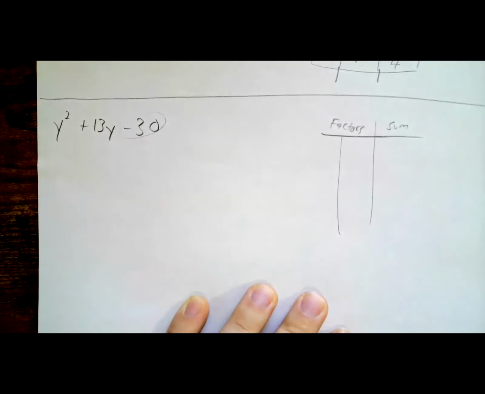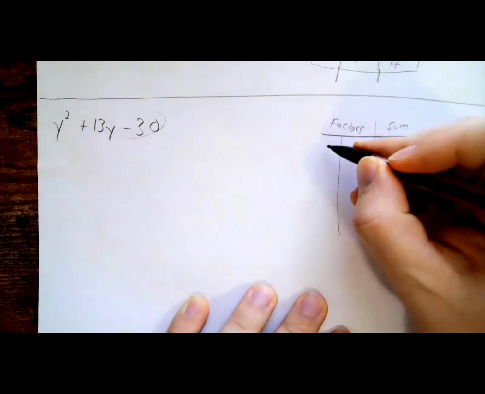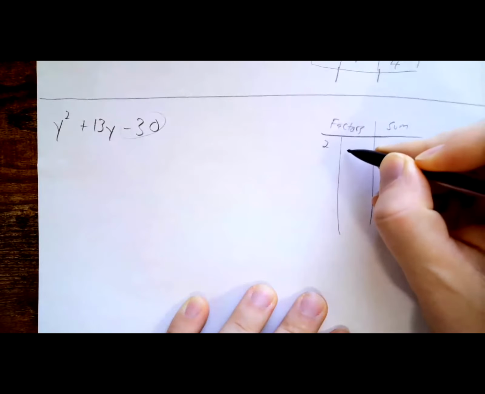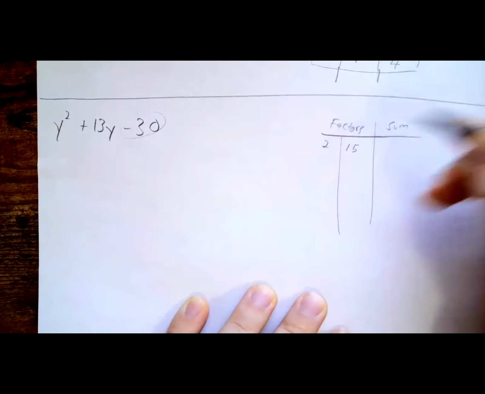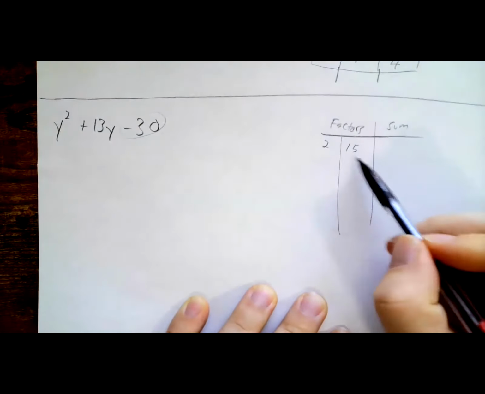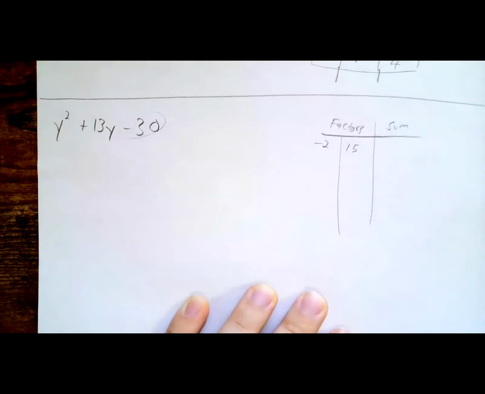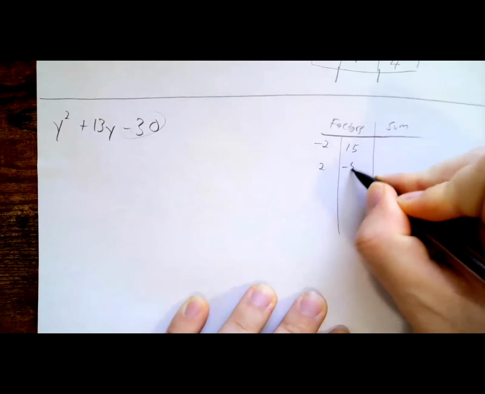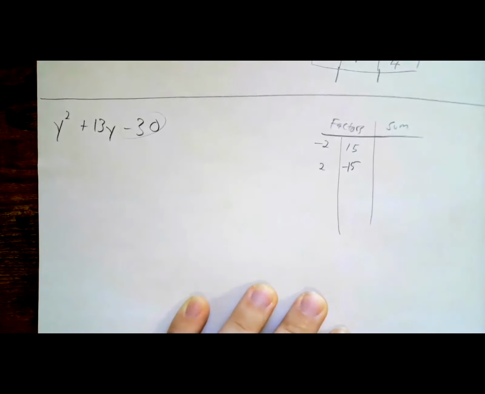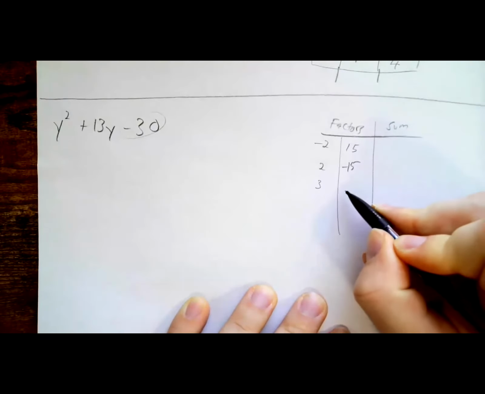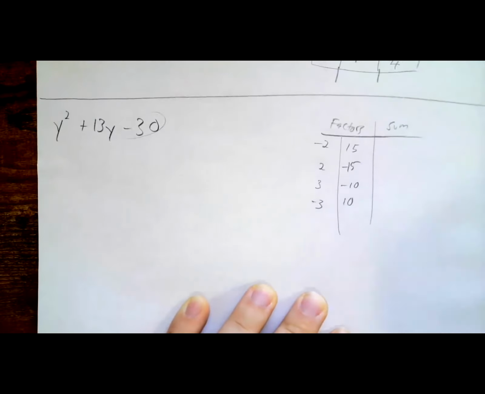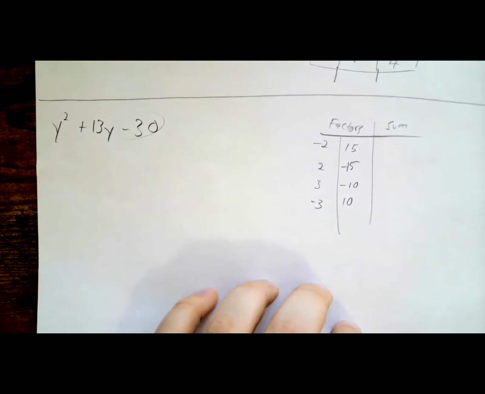So let's start a little bit bigger. What about 2? You can have 2 and 15 multiply to 30, so negative 2 and 15 multiply to negative 30. So 2 and negative 15 multiply to negative 30. You've also got 3 and negative 10 and negative 3 and positive 10.